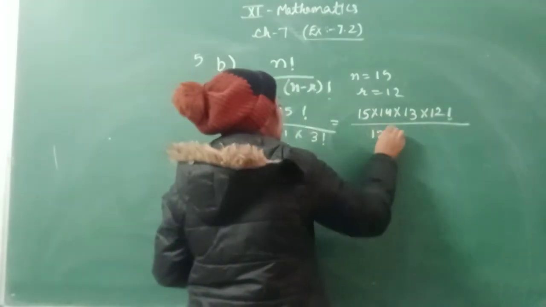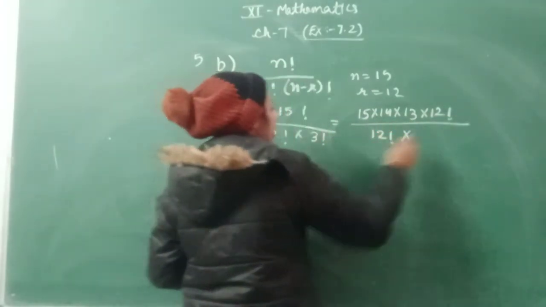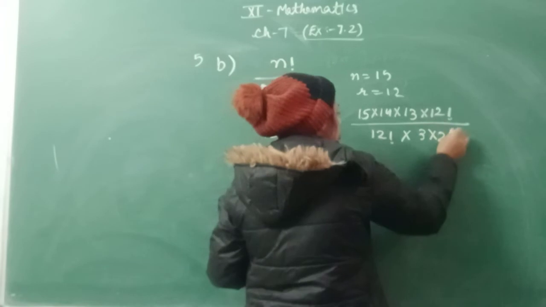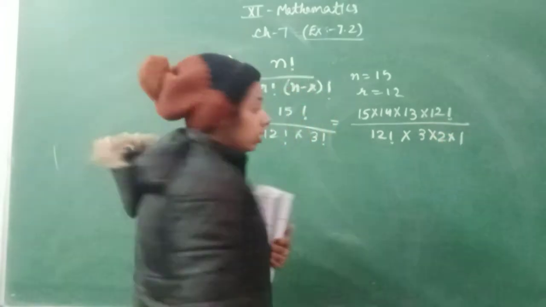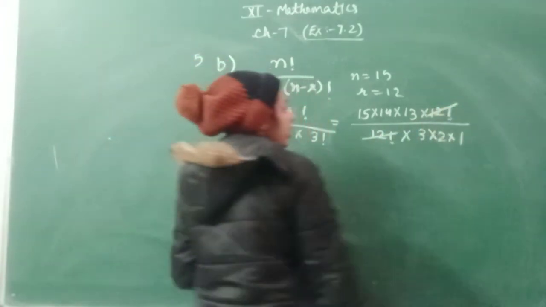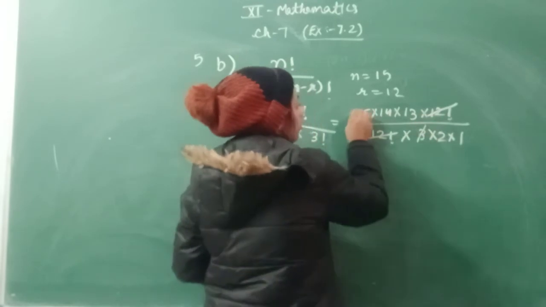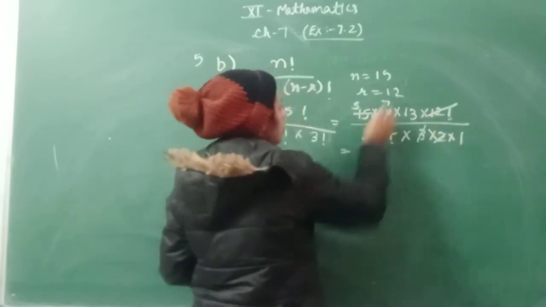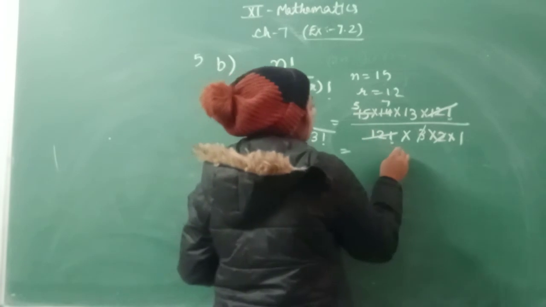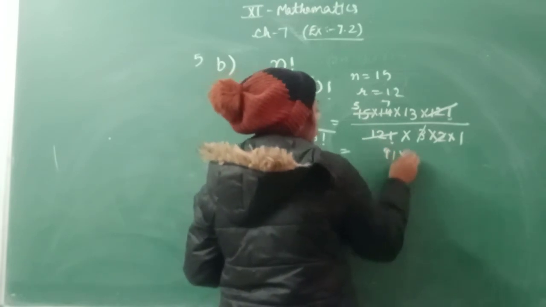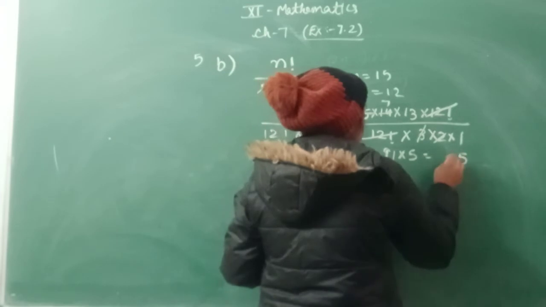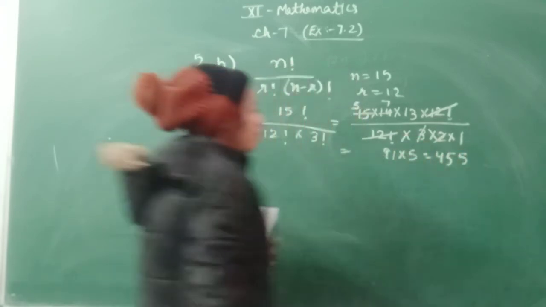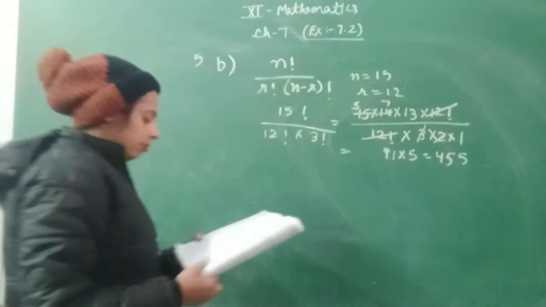So in the denominator there is 12 factorial and I will resolve the 3 into 2 into 1, that is 3 factorial. Clear? So 12 factorial will be cancelled directly. 3 5s are 15, 2 7s are 14. Now multiply these terms and get your answer. 91 into 5, so you will have 455. Come to the next question.